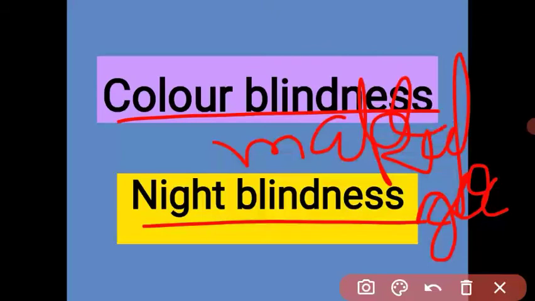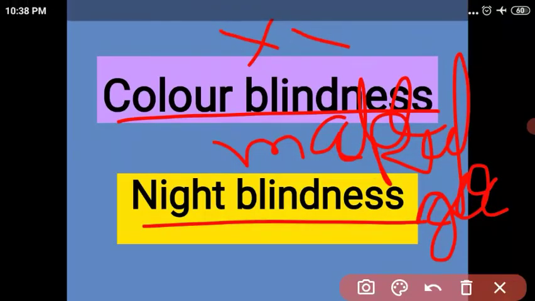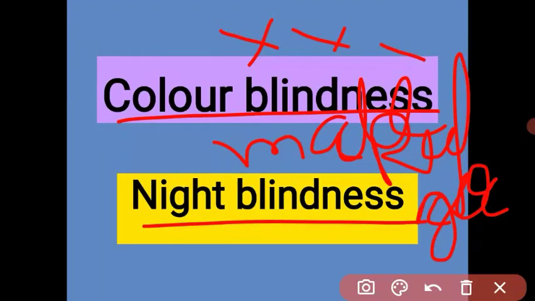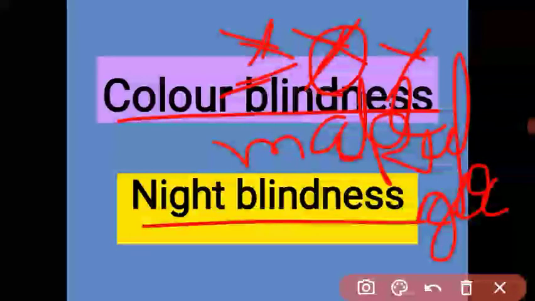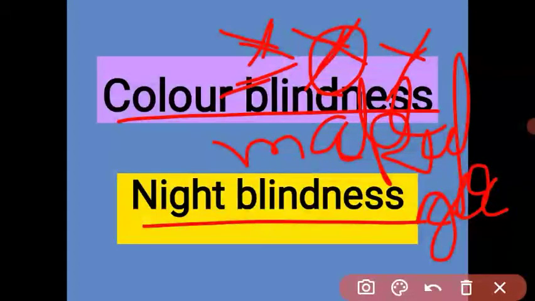Because why? In genetics, the female has 2 sex chromosomes, but the male has only 1 X chromosome. In the female there are 2 X chromosomes; if one is defective, the other is clear, so the person does not suffer from color blindness.